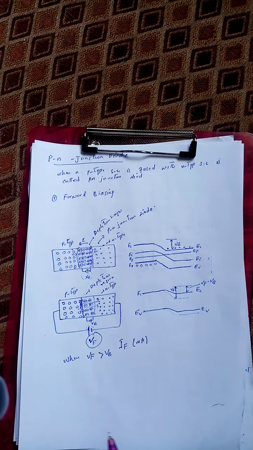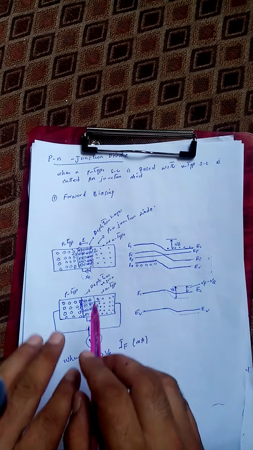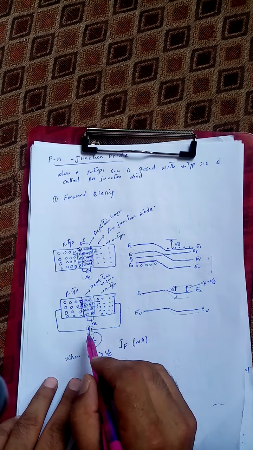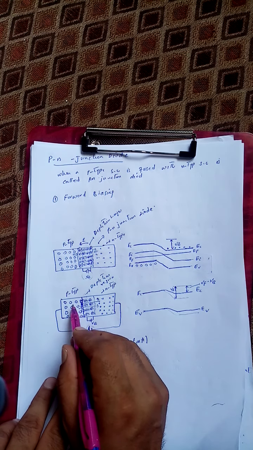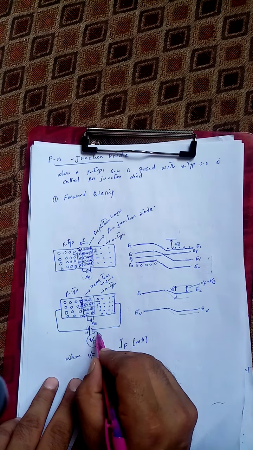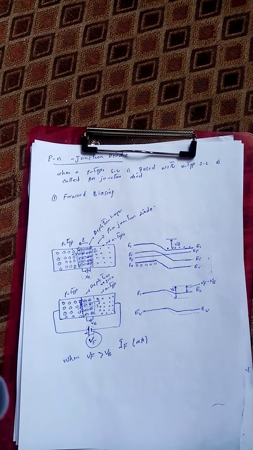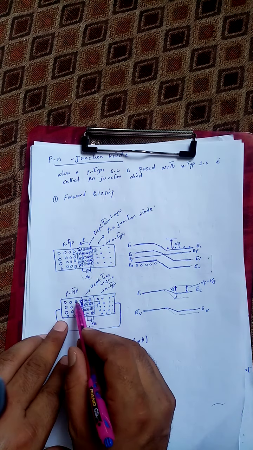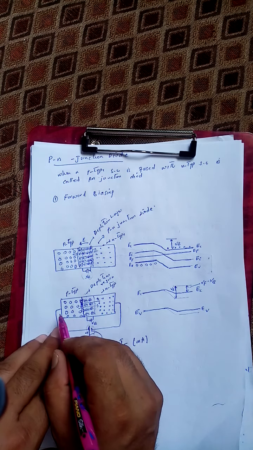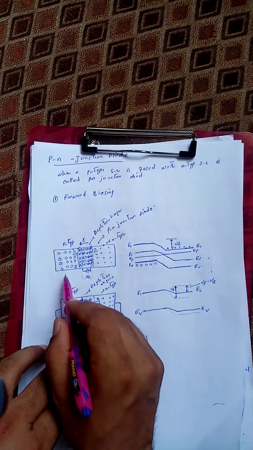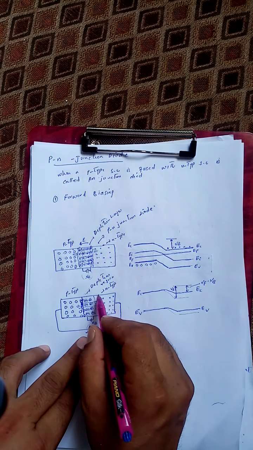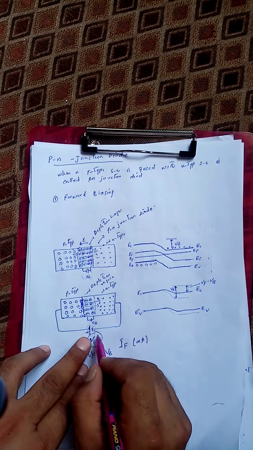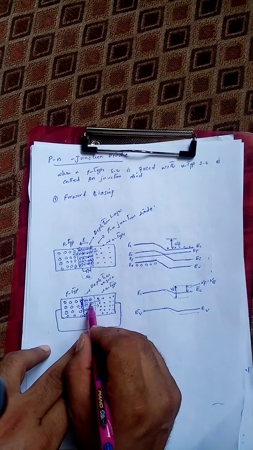Now, what is forward biasing? When the positive terminal of the battery is connected to the p region and the negative terminal of the battery is connected to the n region, then the holes, which are majority charge carriers in the p region, are pushed by the positive terminal of the battery towards the junction, and electrons, which are majority charge carriers in the n region, are pushed by the negative terminal of the battery towards the junction.